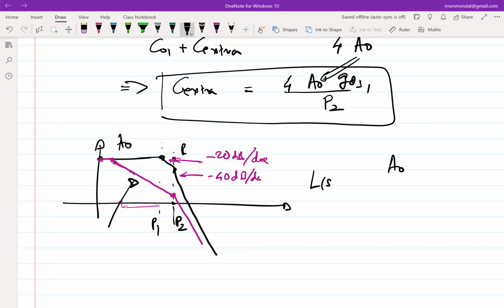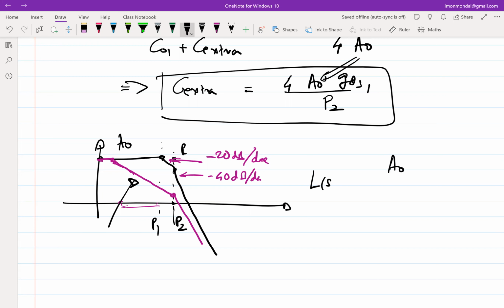Let me call this new pole P1N. So for omega less than P1N, how do you express L of S?